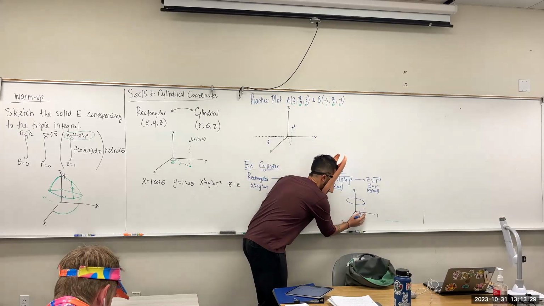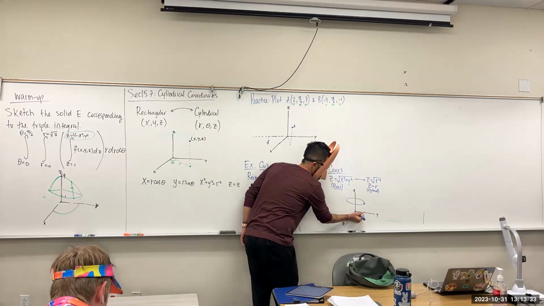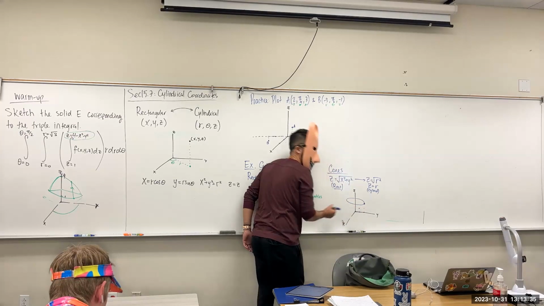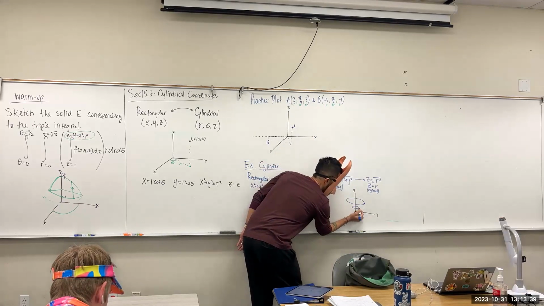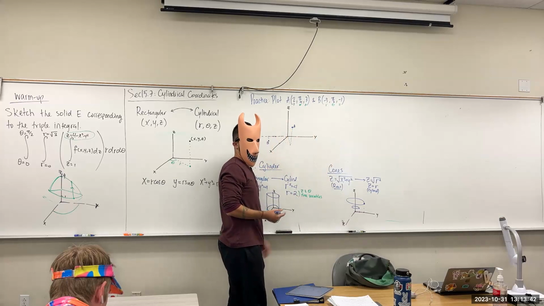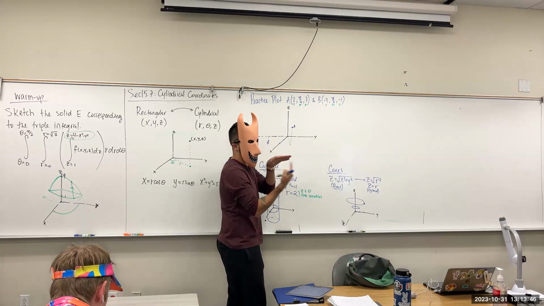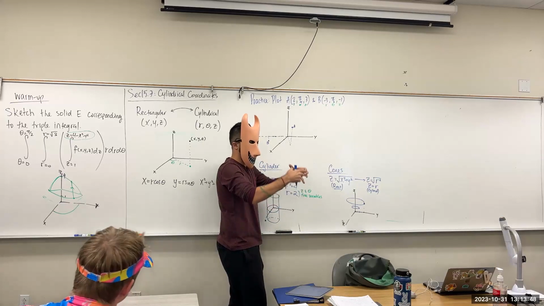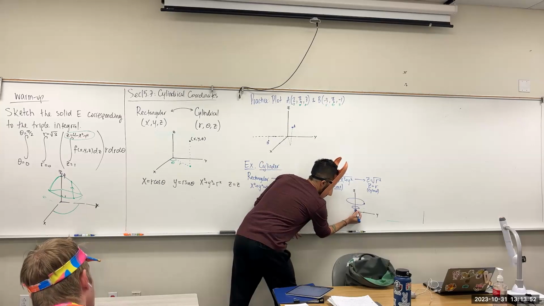But what if r is something smaller? What if r is like 1? Now what will z be? 1. It'll be 1. And that point can rotate by any theta. So it'll be like this. So the smaller r gets, the smaller z gets. So those circles are really small circles to really big circles. So then they start becoming like this.